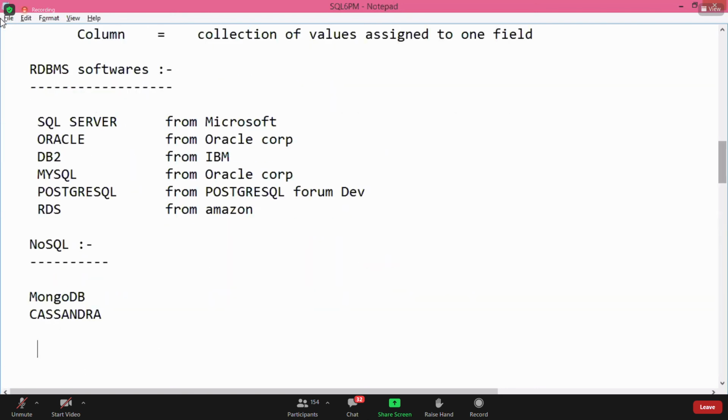In the next class, we'll see what the roles of developers and admins are. After completing SQL Server, you can become a developer or a DBA, a database administrator. What are the roles of the developer and of the administrator? We'll discuss that.